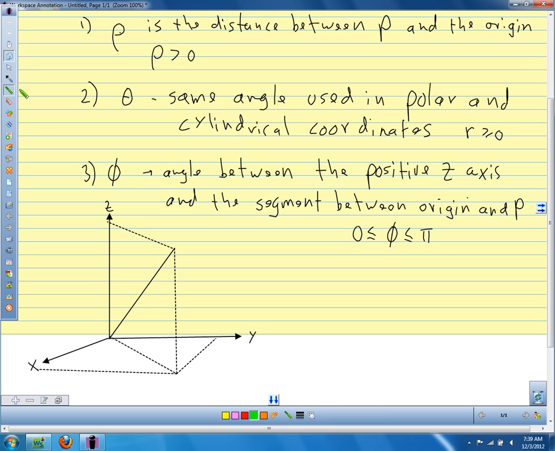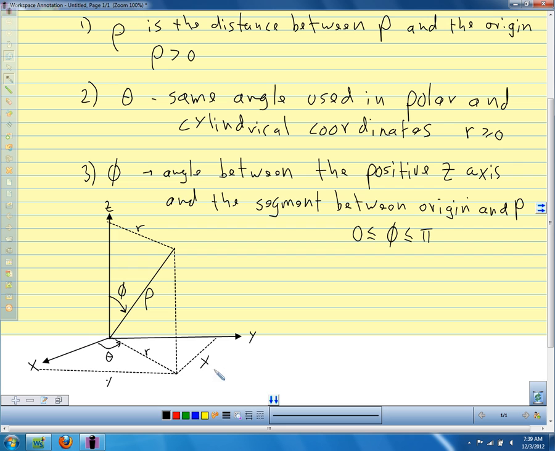All right, here we go. And this angle is phi. This length is rho. This angle is theta. This is our r in polar or cylindrical coordinates, so this would be r up here as well. This would be y, and this would be x. So there's what we're talking about, and this is our point up here.